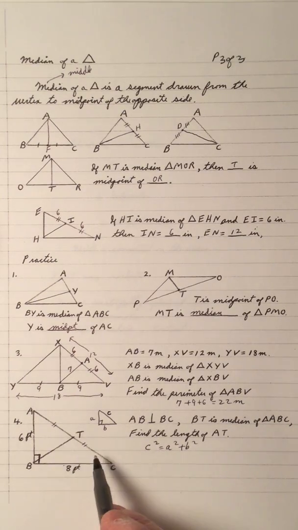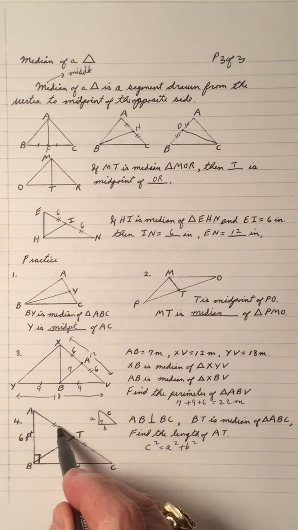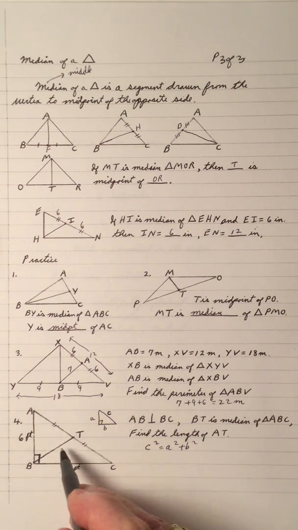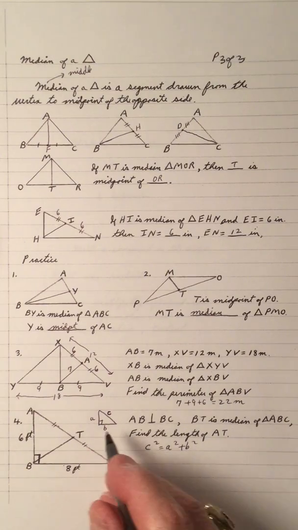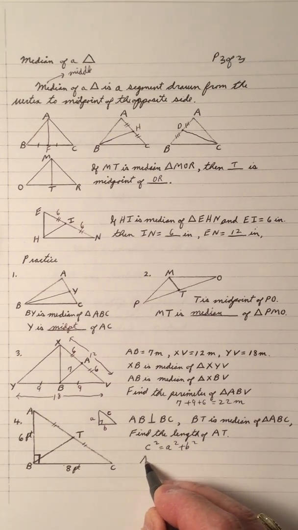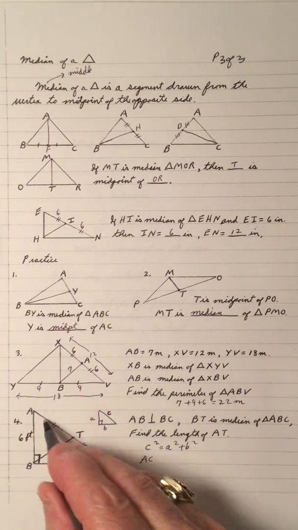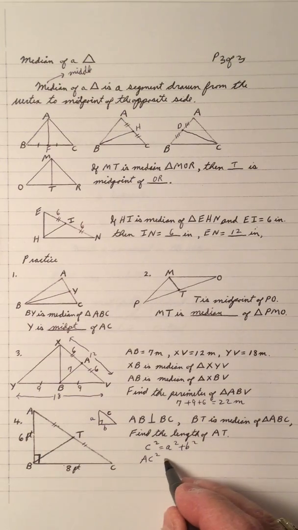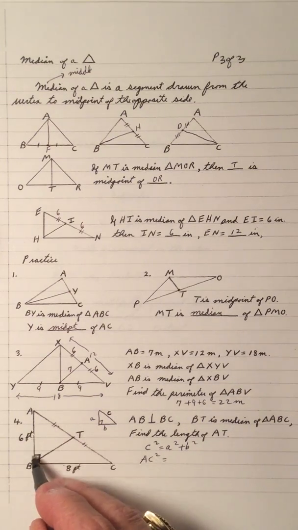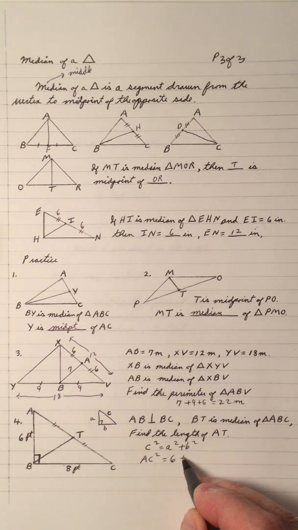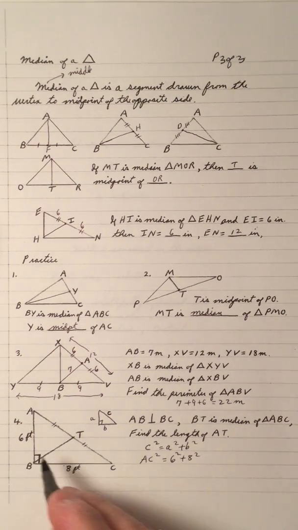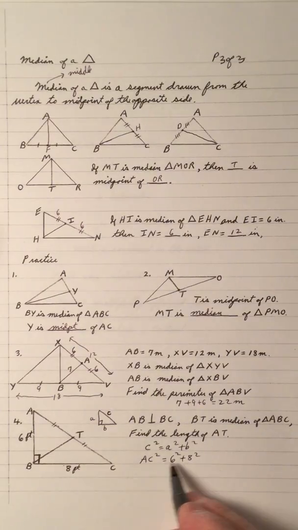So they're asking me to find this side AT, but let's use the right triangle to get AC. AC is that side, so we can keep it. So if this side is 6, which is the A, and that side is 8, so we'll put those two in. 6 and 8, 8 and 6 makes no difference.